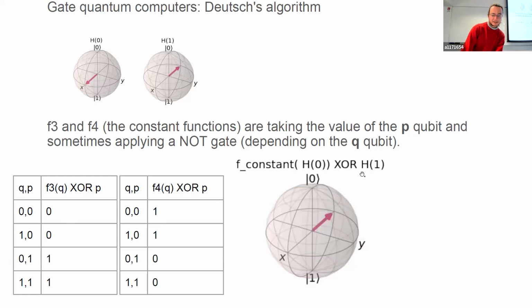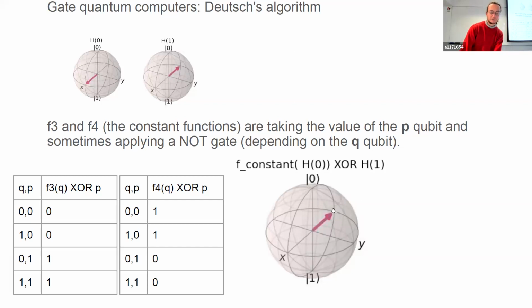So when we run it on this, you see that we decided to put the P qubit in Hadamard of 1. Then when we apply a constant function on this system, we get Hadamard of 1, or NOT applied to Hadamard of 1, which is still Hadamard of 1. It's still the minus x.